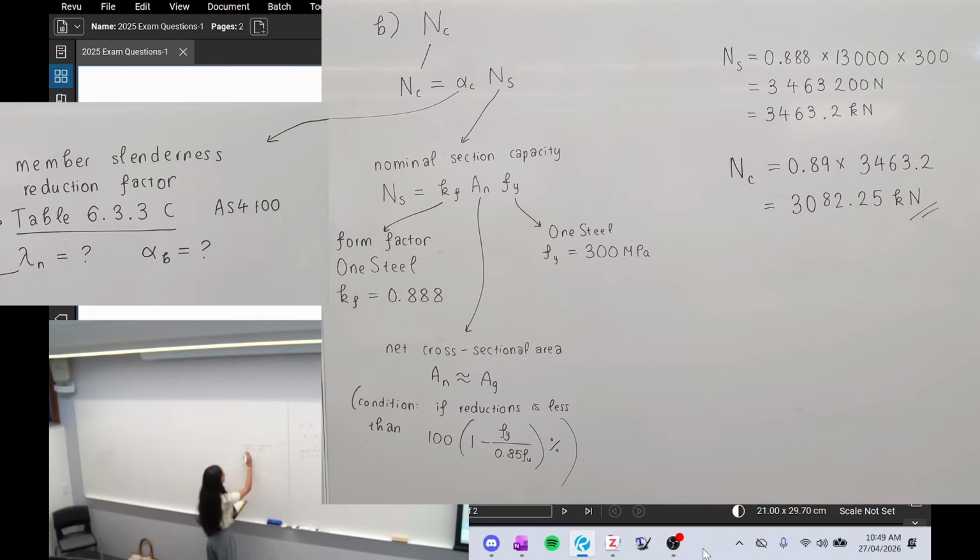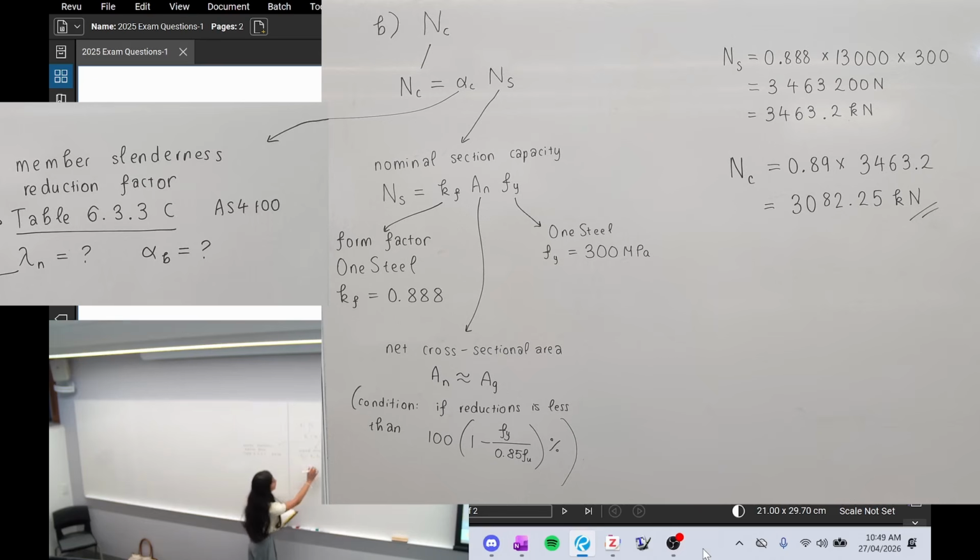And you get this one from a table. Specifically, you get this from Table 6.3.3(C) in AS 4100. Okay, we'll come back to the nominal section capacity first, and then we'll go ahead and do alpha C.